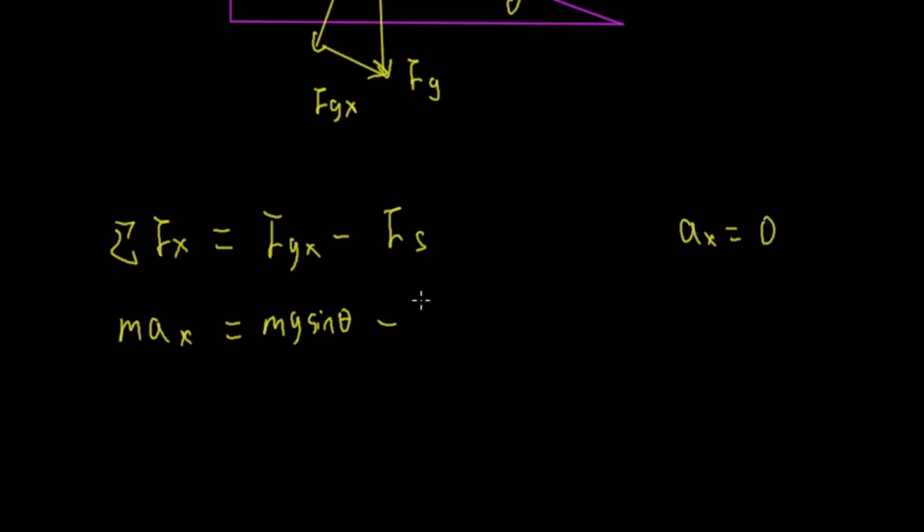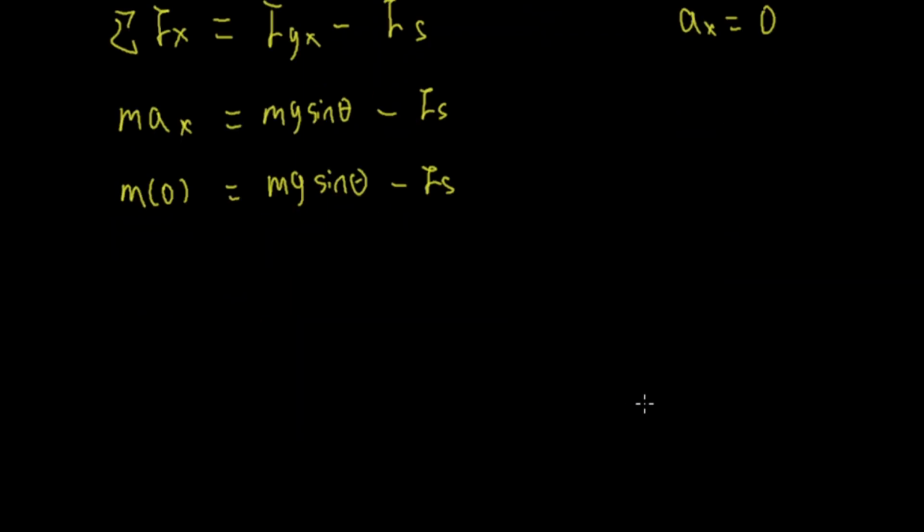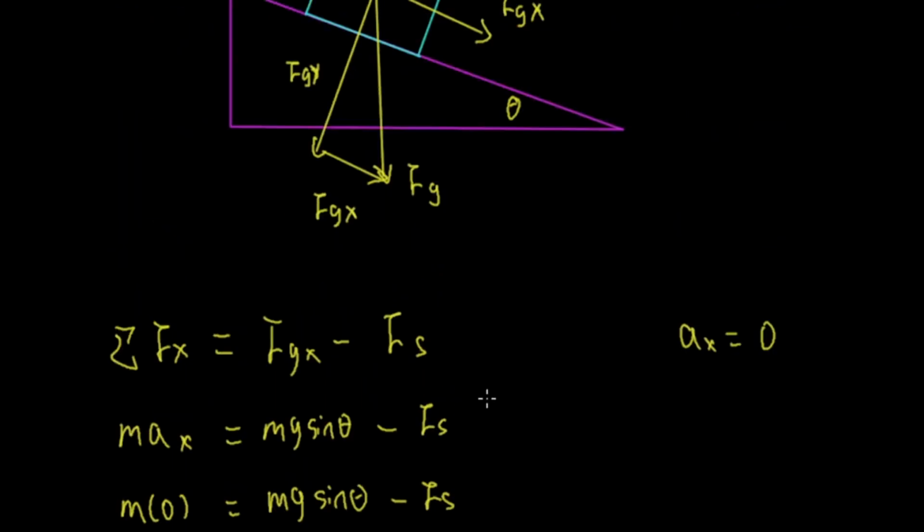We keep the friction force as it is because we want to calculate the friction force. And the acceleration in the x direction is 0, so we have m times 0 equals mg sine theta minus the friction force. This is 0, and that's equal to mg sine theta minus the friction force. Add the friction force to both sides. The friction force is equal to mg sine theta. Okay. Now, let's look at scenario 2.